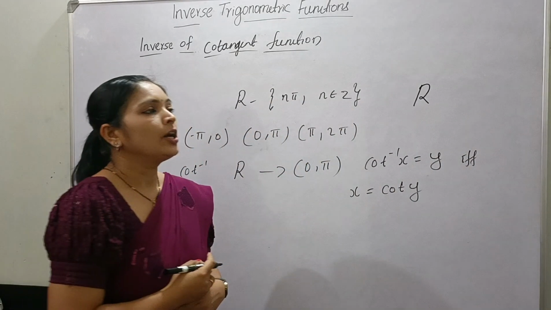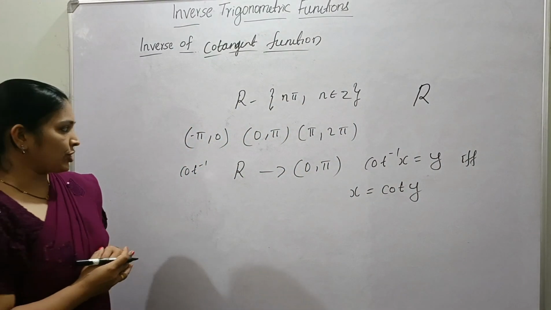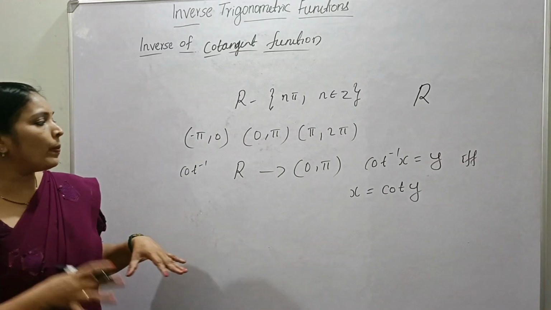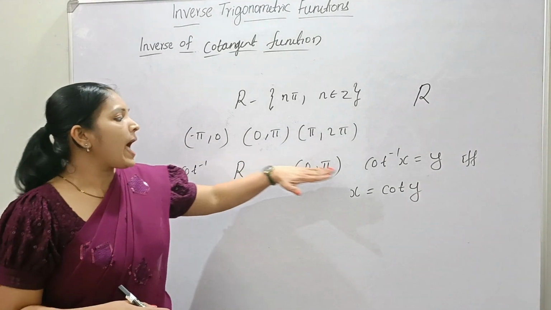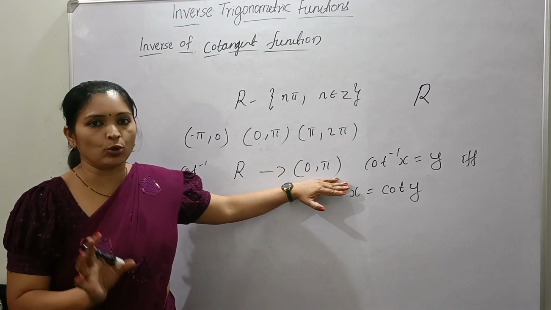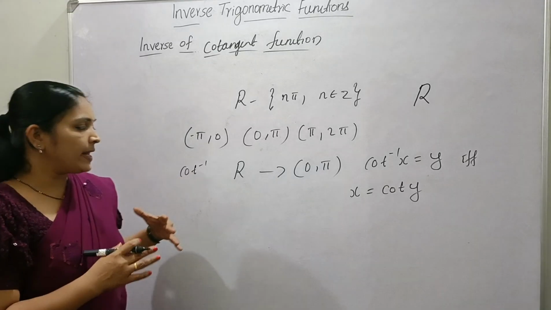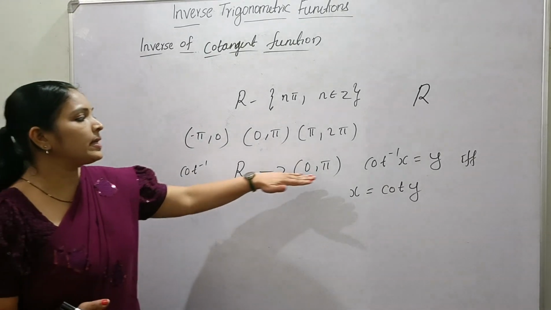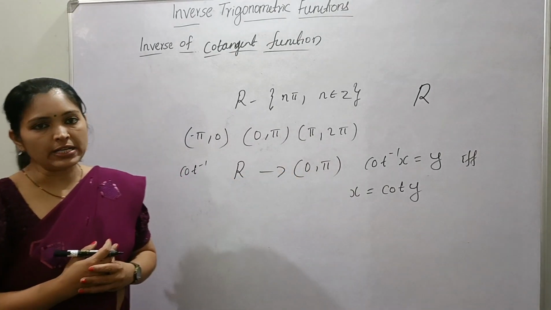So for the cot inverse function, the domain is the set of real numbers and the range is the open interval 0 to pi.